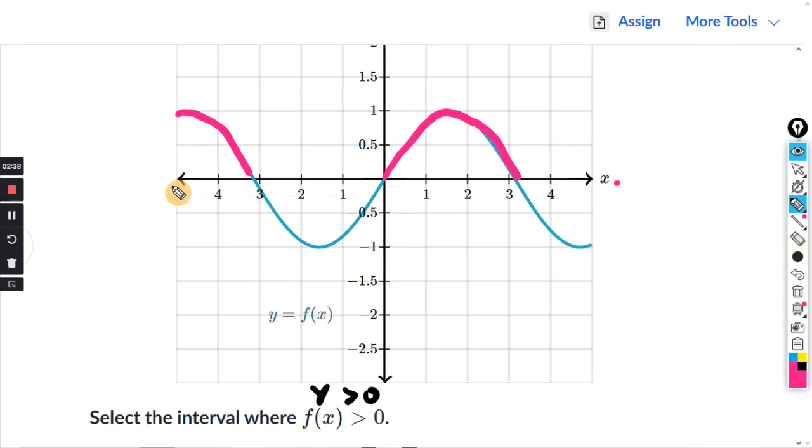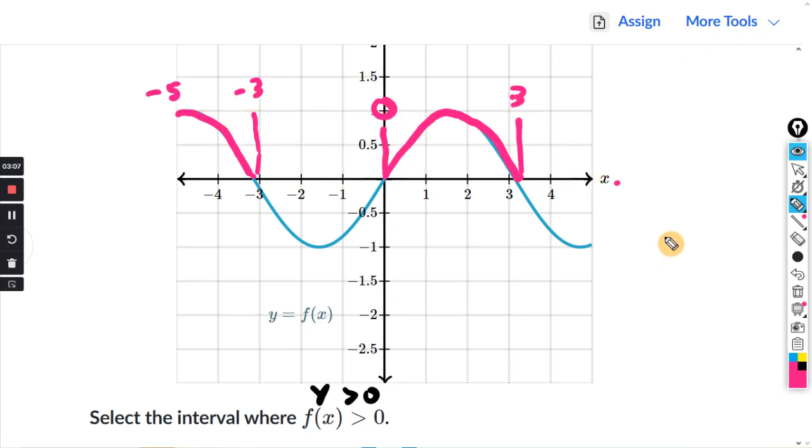This runs from -5 to almost -3. We're looking at the x values. And this one runs from 0 to about 3. So the choices are between -5 and -3, and between 0 and 3.